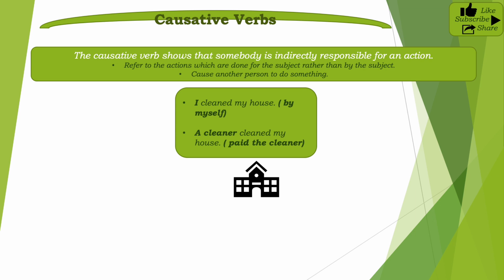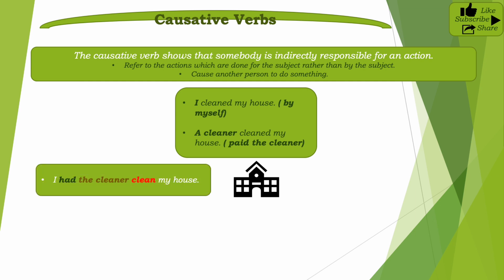I took somebody's help. And who is that somebody? A cleaner. In order to say this in a causative sentence, I have to say, I had the cleaner clean my house. That means I made the cleaner clean my house because I paid the cleaner.